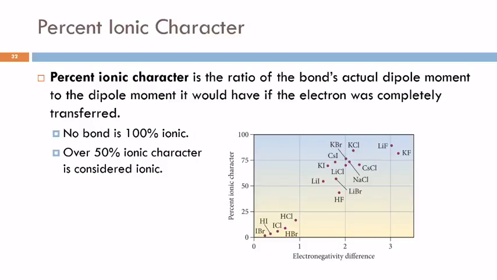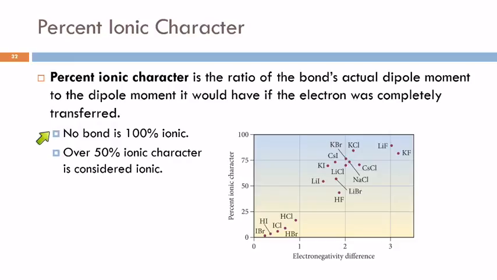Another way to think about the polarity is percent ionic character. This takes the ratio of the bond's actual dipole moment to the dipole moment it would have if the electron was completely transferred. So comparing what it actually is to what it would be if it was transferred.